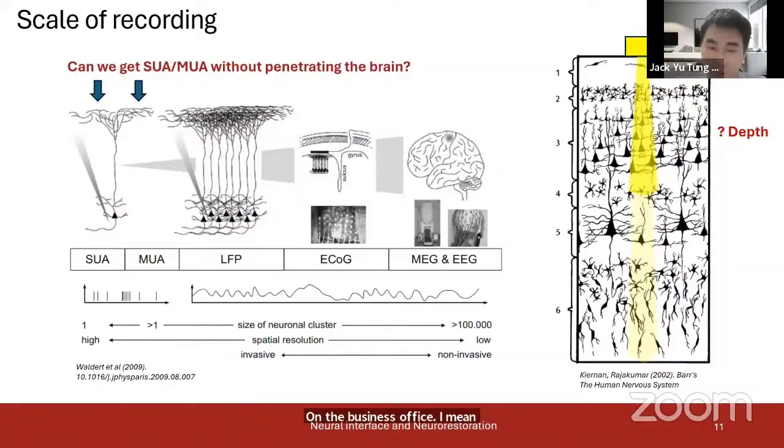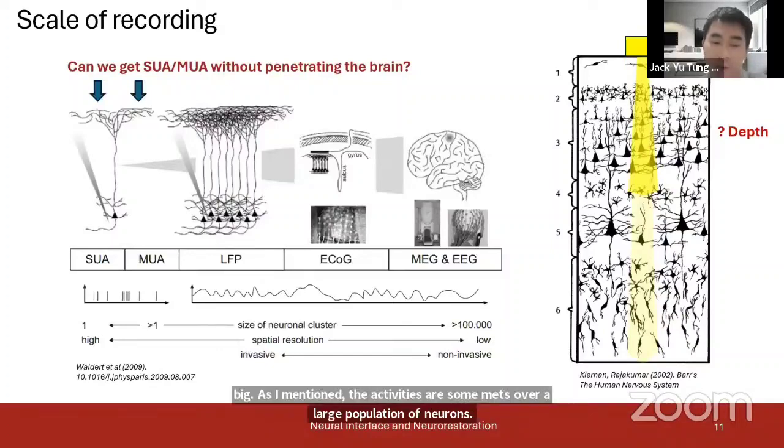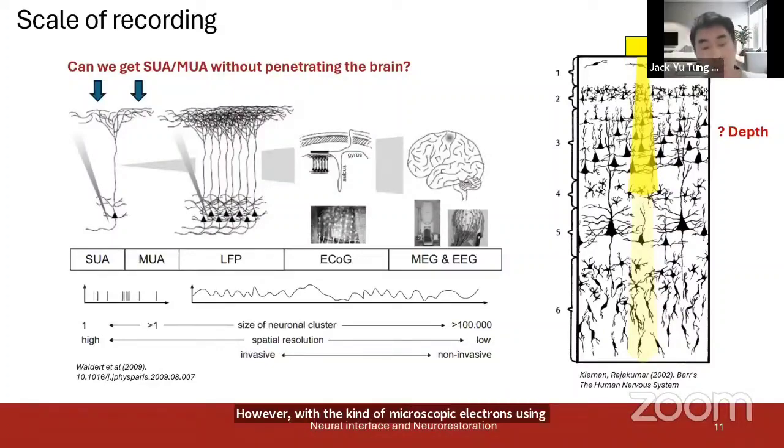It's clearly not possible with conventional ECoG systems to detect spikes, as the electrode sizes are simply too big, and as I mentioned, the activities are summated over a large population of neurons. However, with the kind of microscopic electrodes used in micro-ECoG arrays, is it then possible to record spikes? And if yes, from which cortical layer do these spikes emanate?